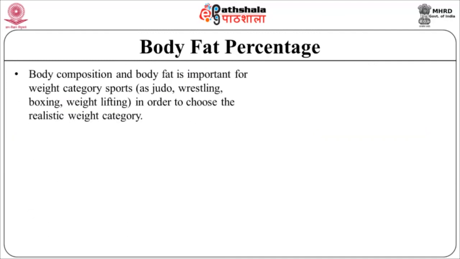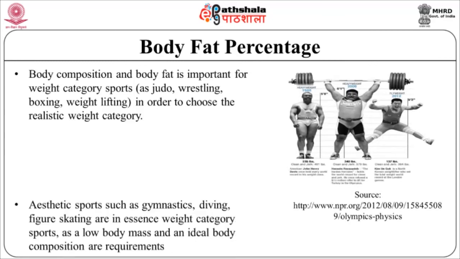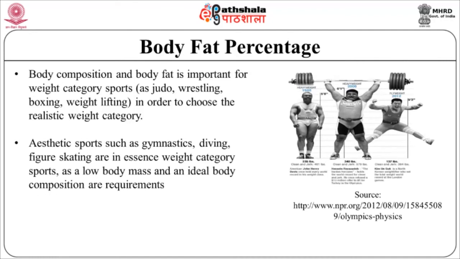Body composition and body fat are important for weight category sports such as judo, wrestling, boxing, weightlifting, etc., in order to choose a realistic weight category. Aesthetic sports such as gymnastics, diving, and figure skating are in essence weight category sports, as a low body mass and an ideal body composition are the requirements.